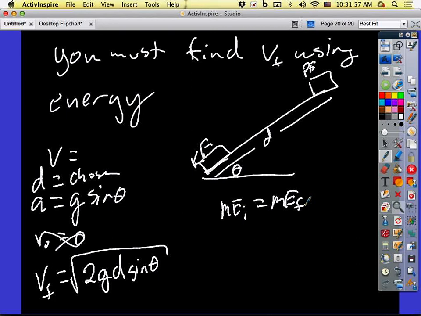That's how you address all these problems. So what type of energy did this thing have at the top of the incline? Yeah, potential energy of gravity. Vincent, what's the equation for potential energy of gravity?